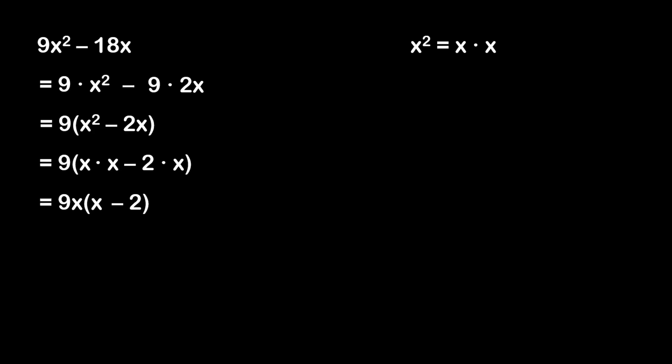Okay, so I showed the color coding on the 9 terms to show how we factored out the 9. And I can also show the color coding on the x terms to show how we factored out the x. So that is just something in general to keep in mind, that if each term has at least an x, then you have to also factor out the x.